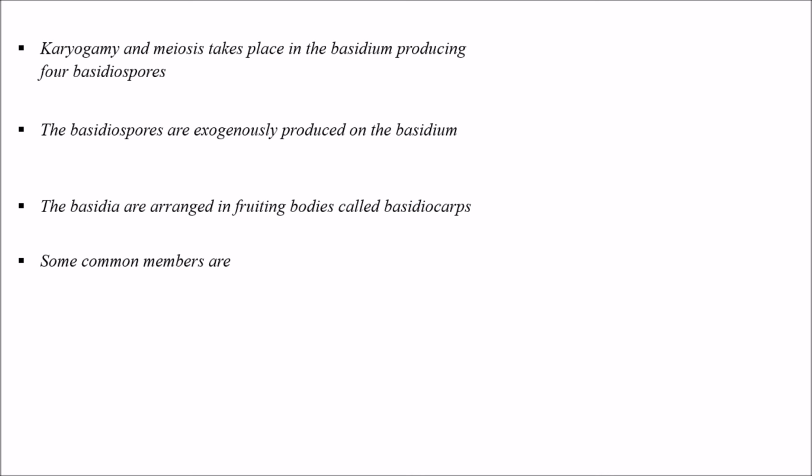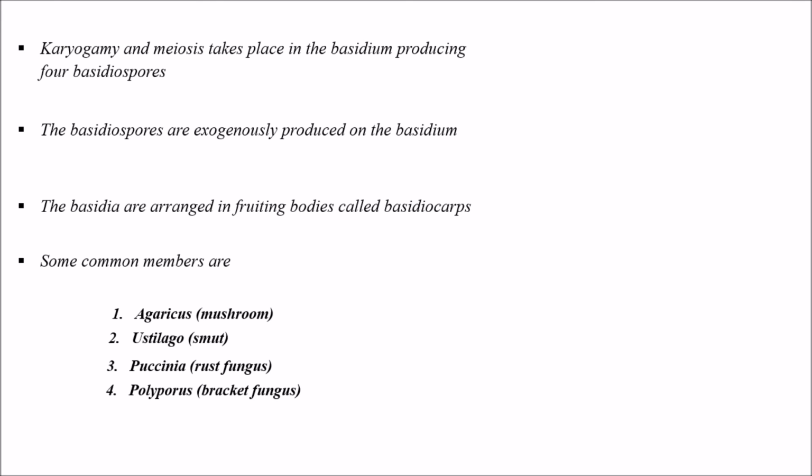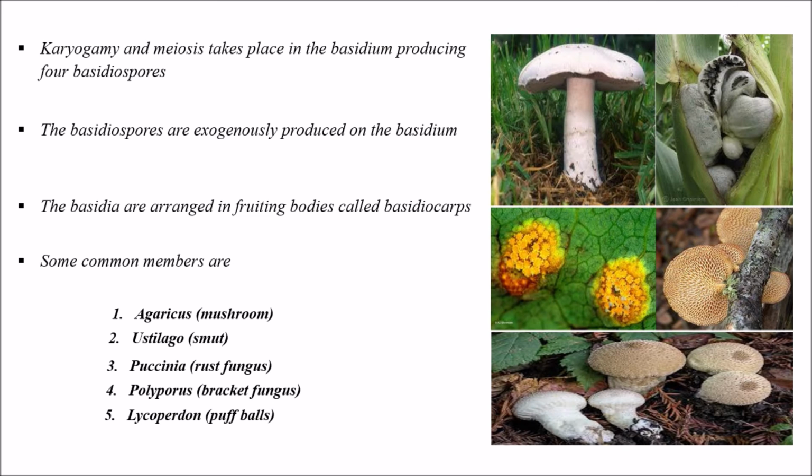Some common members of Basidiomycetes are Agaricus, which is of mushroom type, Ustilago, smut, Puccinia, which is also called rust fungus, Polyporus, bracket fungi, Lycoperdon, puffballs. So we can see the images here. Karyogamy and meiosis take place in the basidium, producing 4 basidiospores, which are produced exogenously on the basidium, and the basidia are arranged in the fruiting bodies called basidiocarps.